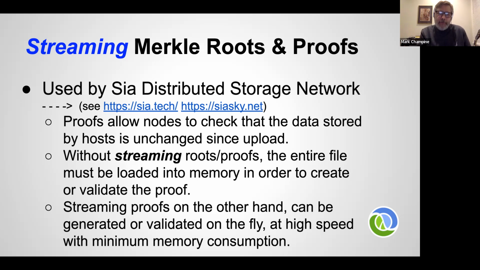So a streaming proof lets you essentially process a stream of nodes that are sent to you over the network and construct the Merkle root or proof essentially on the fly without storing all of that data that's being incorporated into the proof.